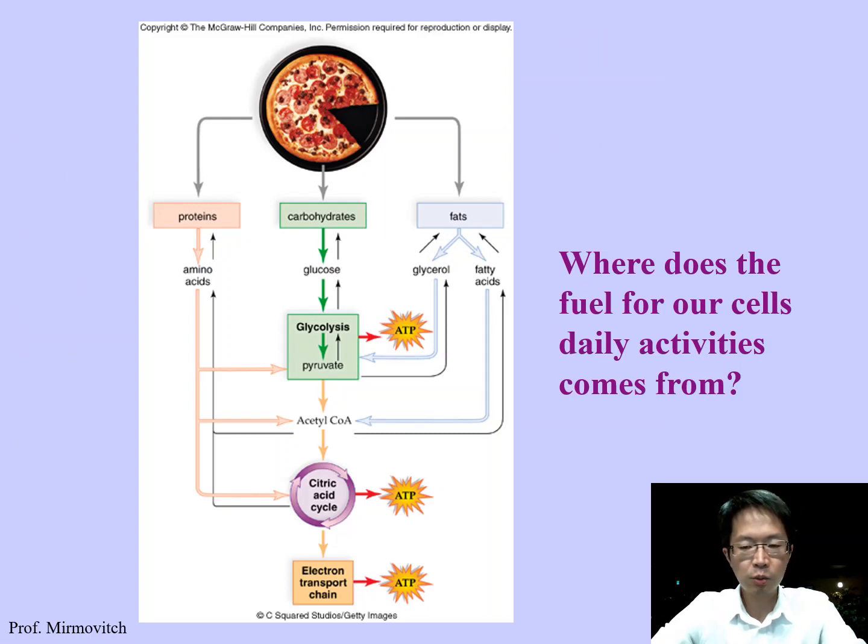So the question is, where does the fuel of our cells' daily activity come from? Well, it comes from food. That's why we need to eat. When we eat, we get glucose, and from glucose we can go through cellular respiration, which has three parts: glycolysis, citric acid cycle, and electron transport chain.